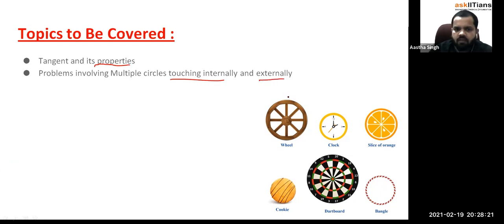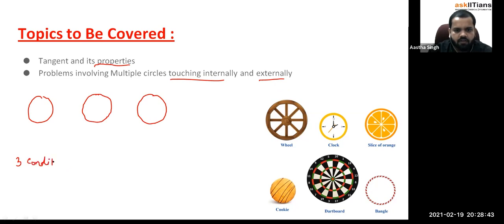Guys, let me tell you first, what is a tangent. I think I have already told you that a line and a circle can have only three conditions of intersection, right? Let me write here: three conditions of line and circle intersection.